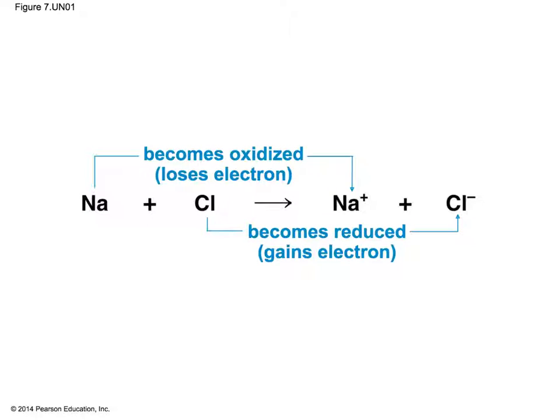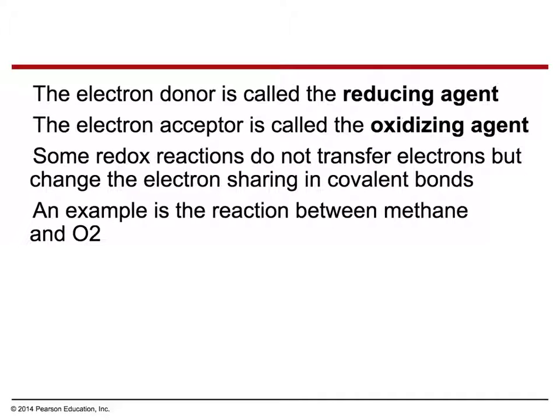Okay, here it is. Same thing in the case of sodium chloride, right? Movement of electron. Sodium is being oxidized, it loses the electron, and chlorine is being reduced. Now this is more vocabulary. I don't care, don't write this down.